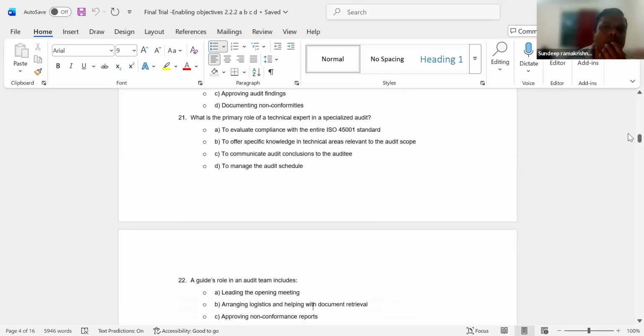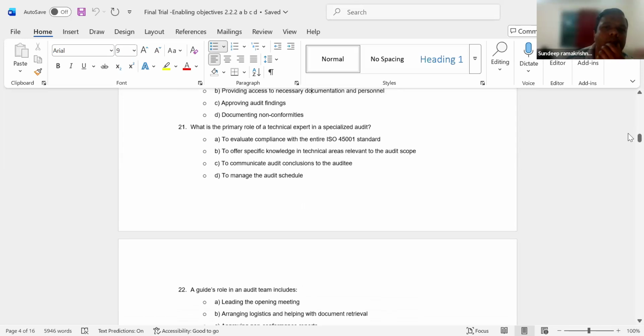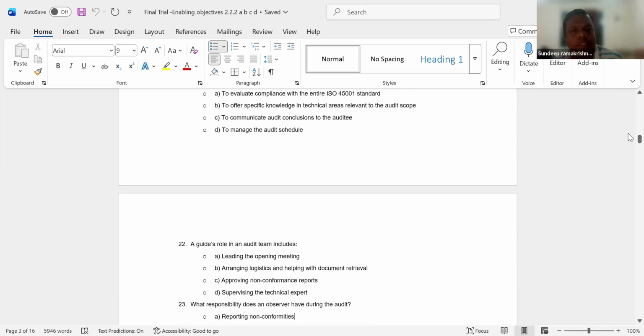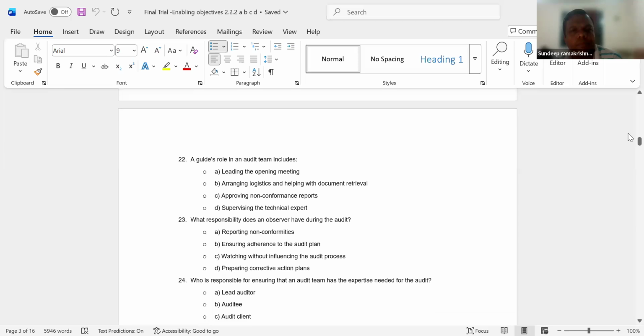Question number 21. What is the primary role of a technical expert in a specialized audit? A. To evaluate compliance with the entire ISO 45001 standard. B. To offer a technical opinion. This is also repeated. Question 22, a guide's role.